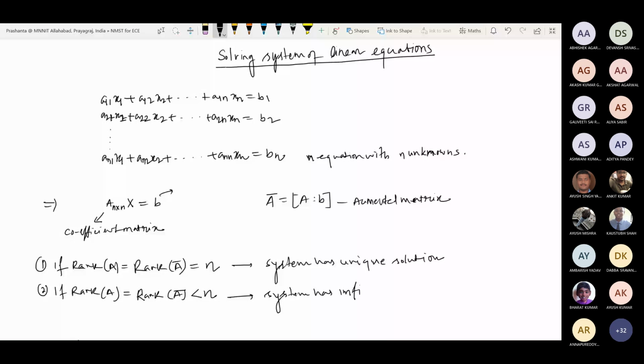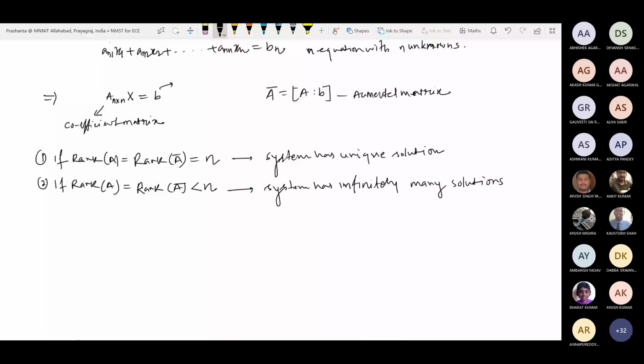And if rank of A is not equal to rank of A bar, then the system has no solution.